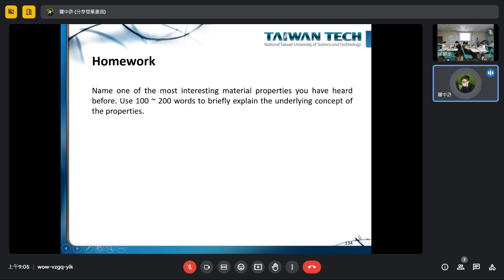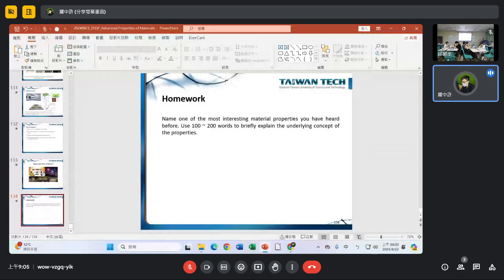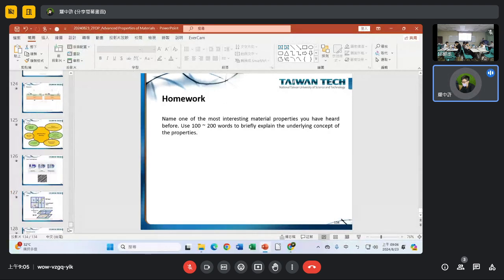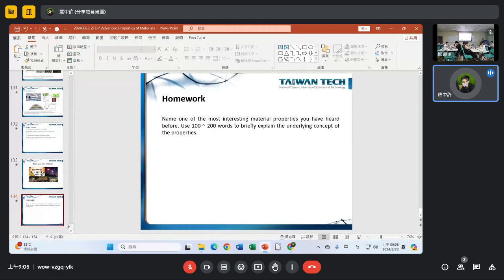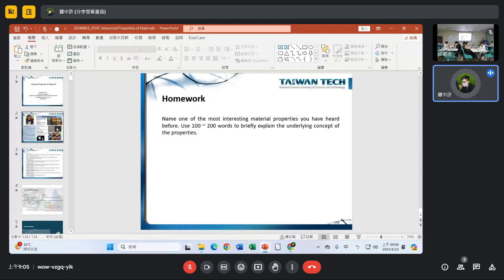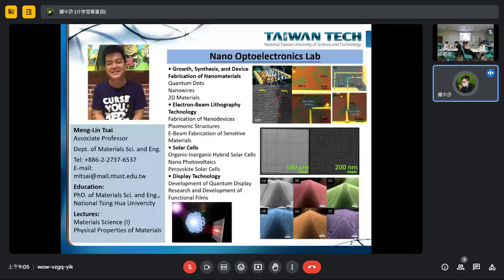Maybe you have heard of something like thermoplastic materials or superconducting behavior. You can briefly describe the concept. I think this will not cause you any trouble. I included over 100 pages, but I will skip some of them, so the slides may be for your information.